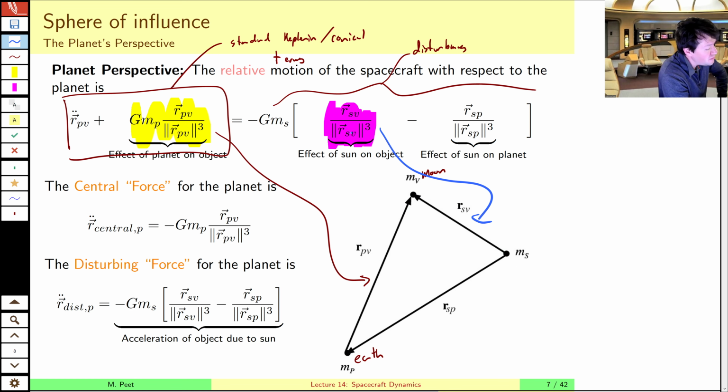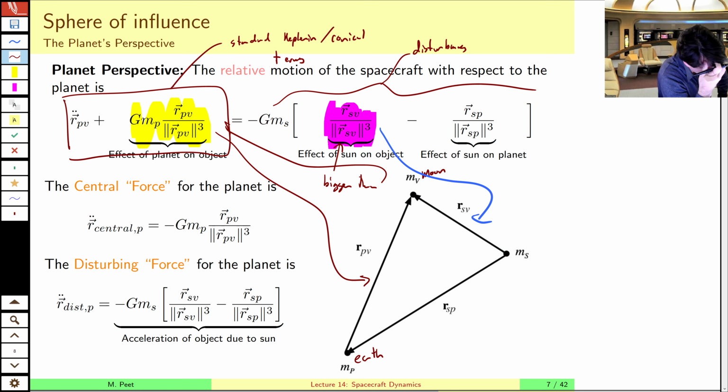But normally this would be much bigger than this. This term is bigger than this term. So if there was not this term over here, you would think that the disturbance would always dominate and that the moon would be in orbit around the sun.